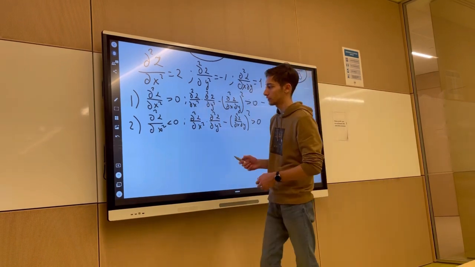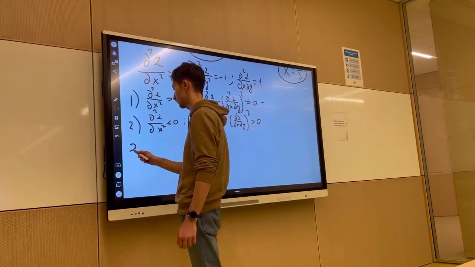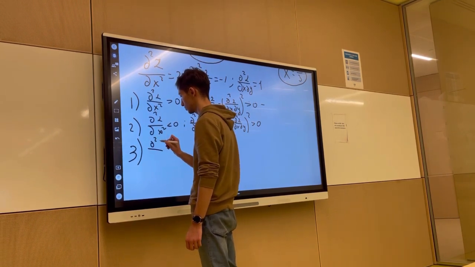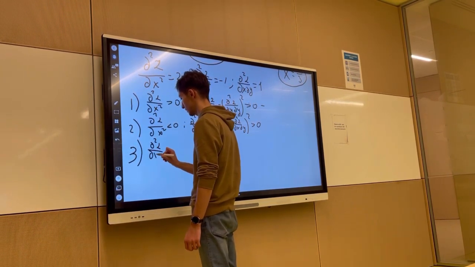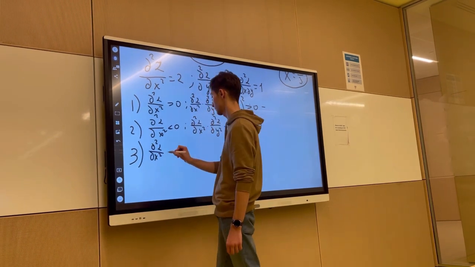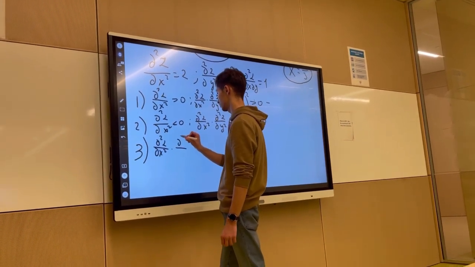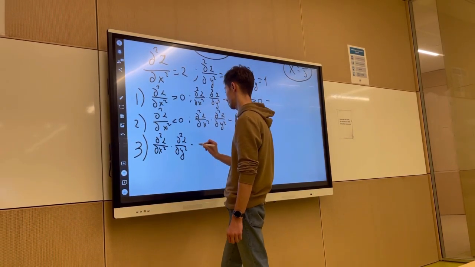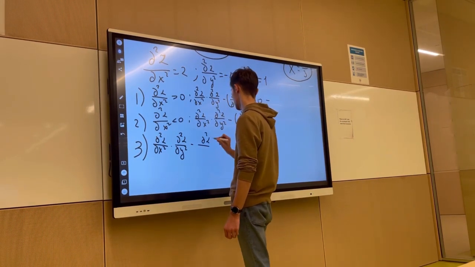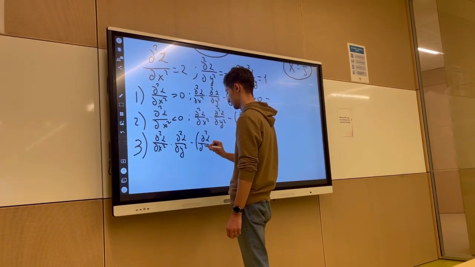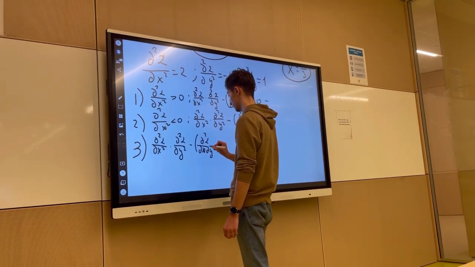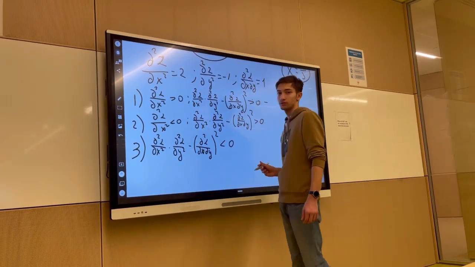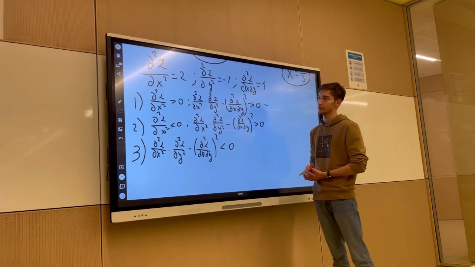And for the last step, we will find if delta square z over delta x squared multiplied by delta square z over delta y squared minus delta square z over delta x delta y squared is less than 0, it will give us a function has a saddle point at (a, b).